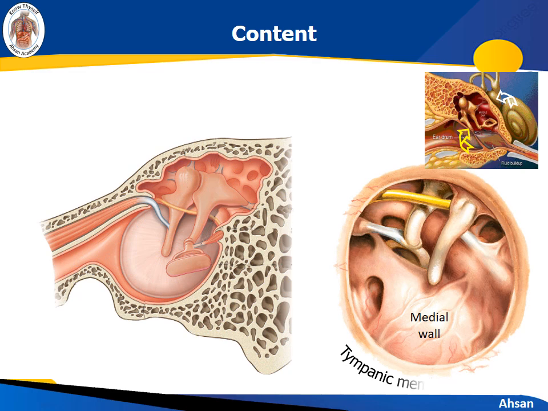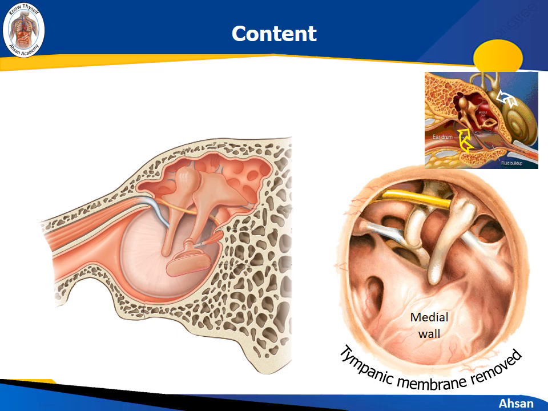So if I take the tympanic membrane away, then we can see the middle ear and its contents. The medial wall is visible in the right lower figure. This is shown in a section, so you can see the eardrum from the inner wall.